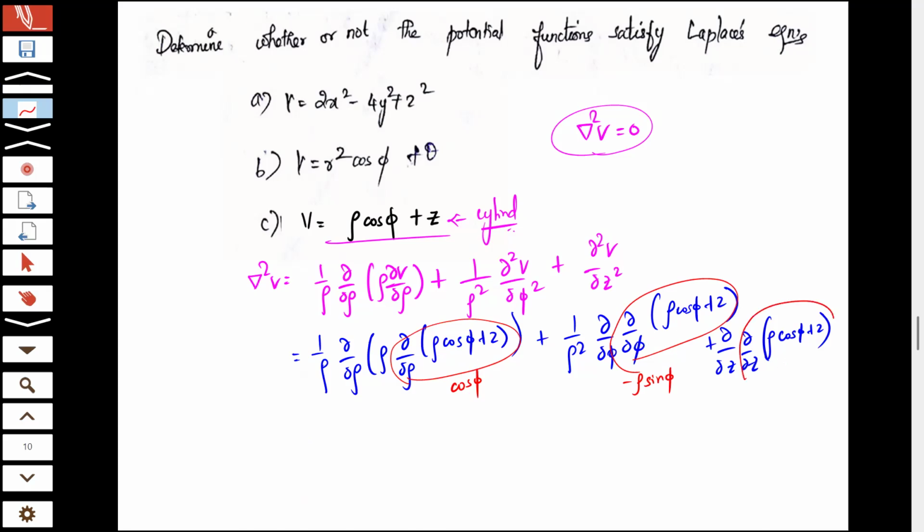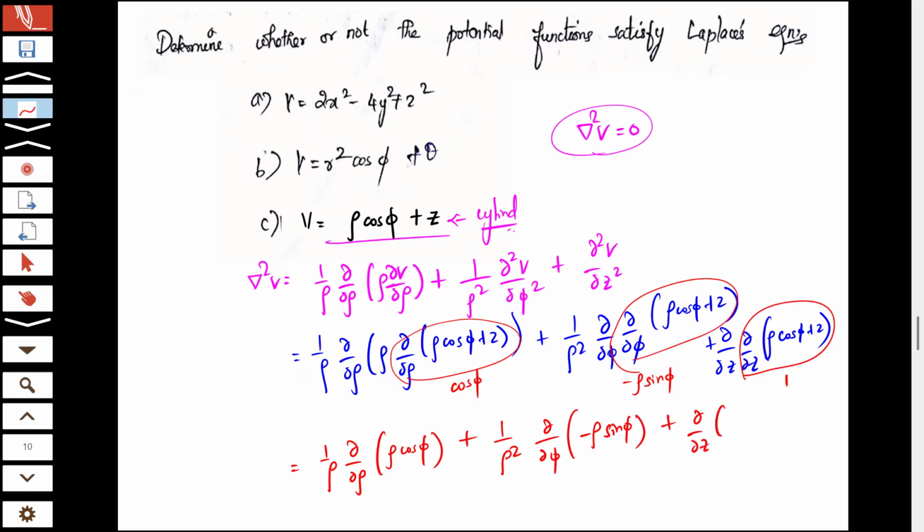Now again this has to be differentiated with respect to Z. First term differentiation will be 0. Second term differentiation is 1. So that is going to give 1 by rho dou by dou rho of rho into cos phi, then plus 1 by rho square dou by dou phi of minus rho sin phi, then dou by dou Z of 1.